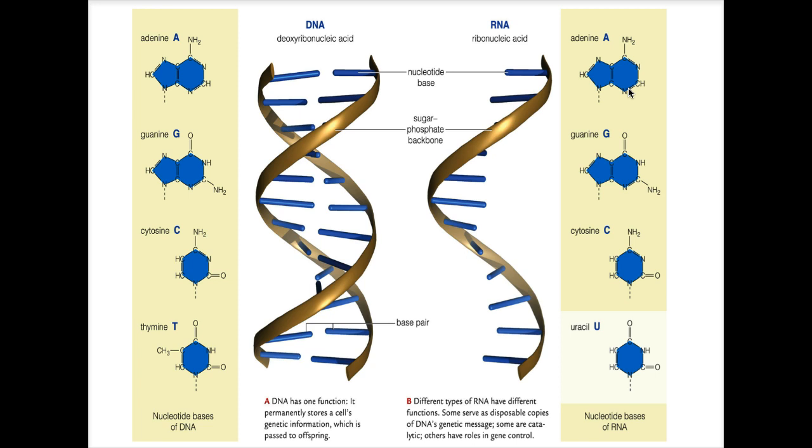So if we look on the left in this image, we can see the DNA, which is a double-stranded molecule. Here is one of the strands. This copper-colored ribbon is where the sugars and phosphates are. That's called the sugar-phosphate backbone. And these blue bars are the nitrogenous bases. So you can see DNA is made up of 2 strands, so it's called a double-stranded molecule.